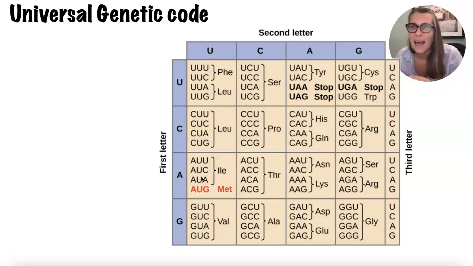It means that no matter who you are, if you are E. coli, a bacterium, or a protist, or an archaea, if you're a goat, a dog, a human, a plant, no matter who you are, if you're a living organism, this is the code that your body is using to make proteins.